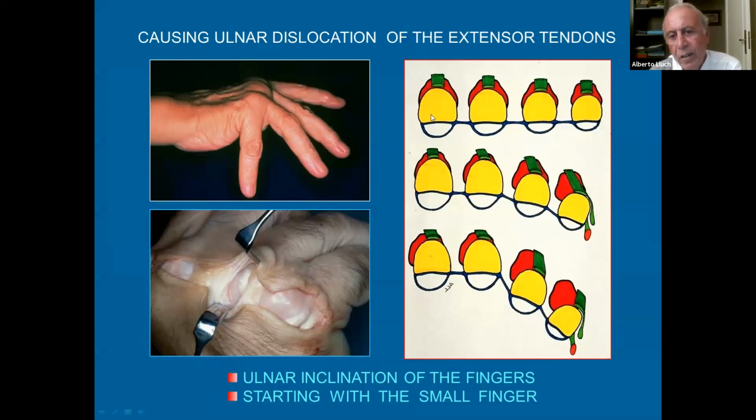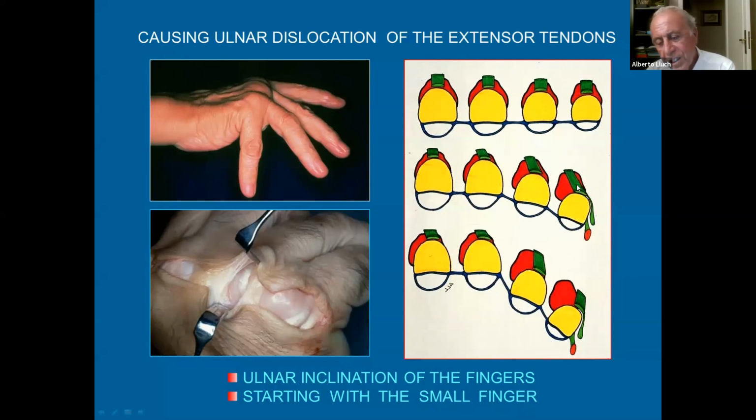Here's a drawing that shows the base of the proximal phalanx in yellow. This is the head of the metacarpal. In red, this is normal. And this is the intervolar plate ligament that goes from one volar plate to the other volar plate. This is the flexor tendon sheath, in this case, the A1 pulley, the beginning of the flexor tendon sheath, and here the extensor tendons.